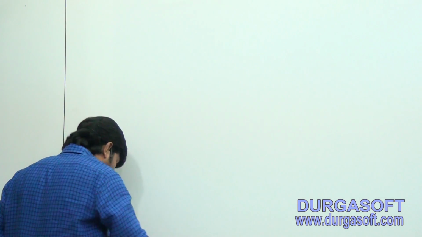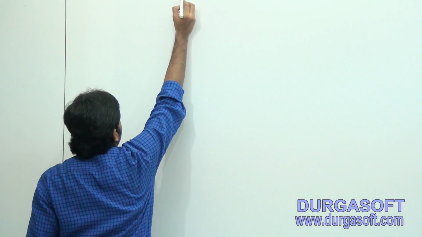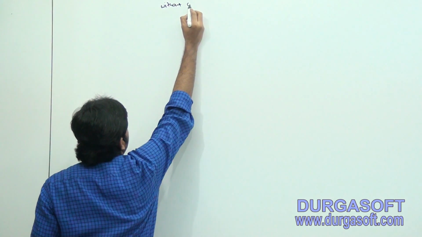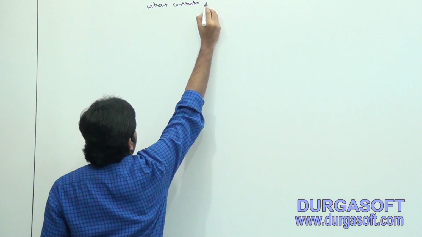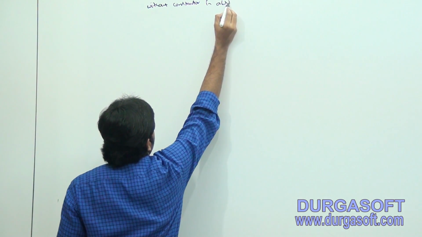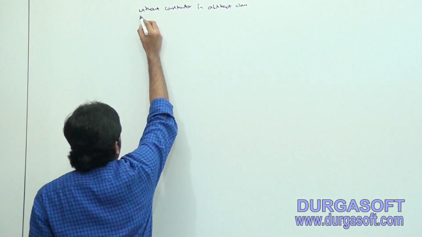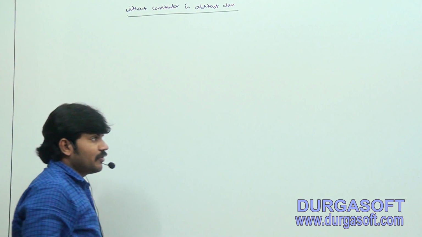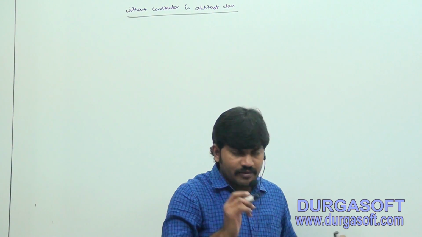Sir, let me take the first part, which is without a constructor in the abstract class. Sir, in the abstract class, I don't want to take a constructor. Next, in the second half, I will explain with a constructor in the abstract class, what is the advantage.